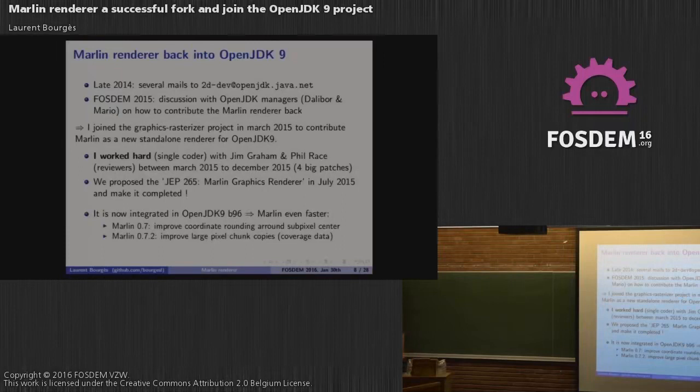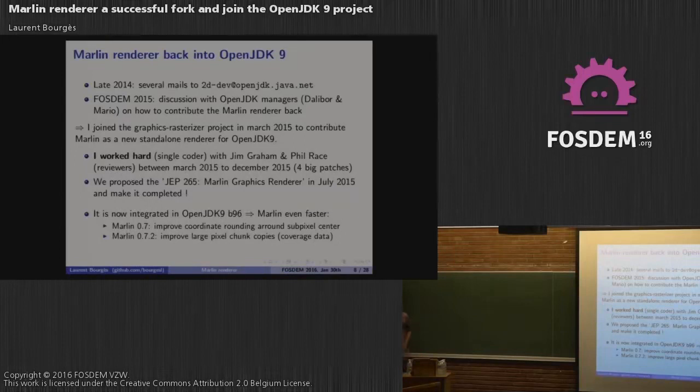Since March, I've been integrated in the graphics rasterizer project, mainly working with Jim Graham and Phil Race. I worked hard because it was not so easy to provide reviews and patches, going slowly but surely.